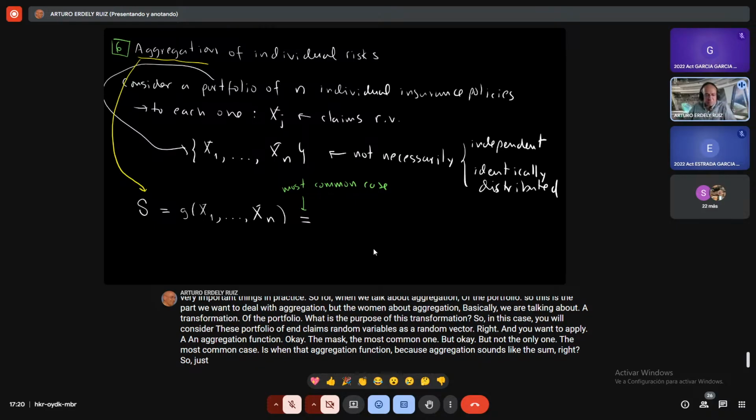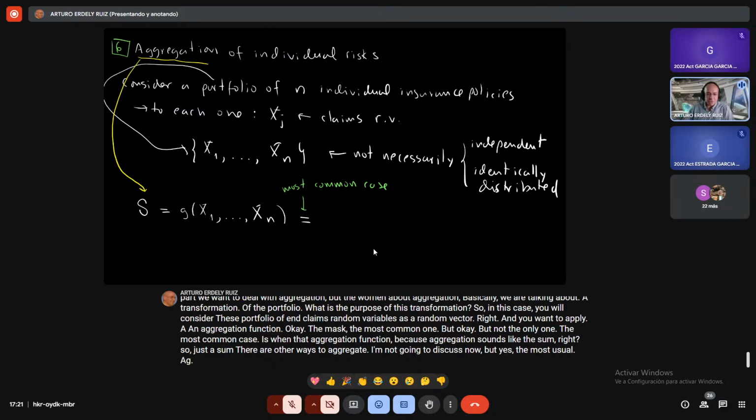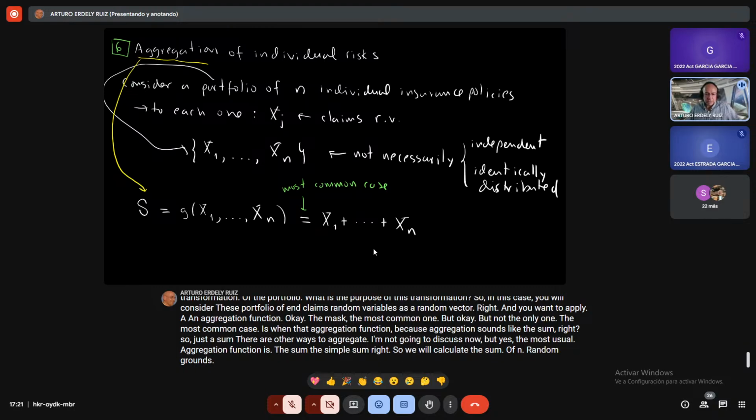There are other ways to aggregate that I'm not going to discuss now, but yes, the most usual aggregation function is the simple sum. So we will calculate the sum of n random variables, okay?